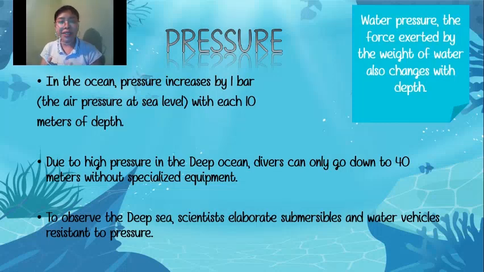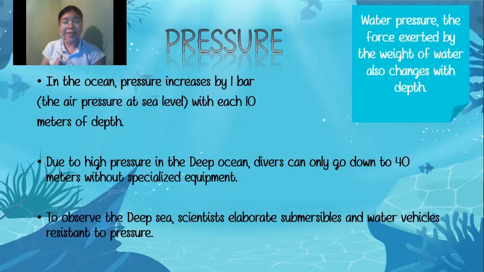So when we go down and down into the ocean, we expose our body to more and more pressure that will shut down our systems, and it will be a failure to our life. We will fail in our mission to go down and down in the ocean without specialized equipment.